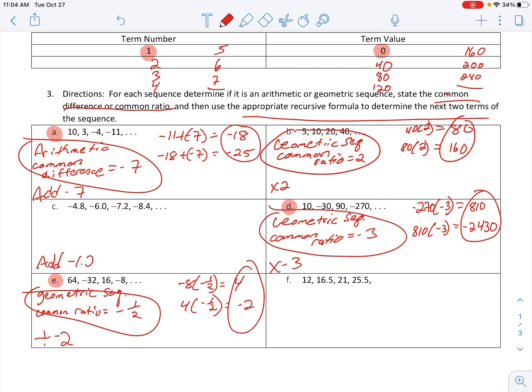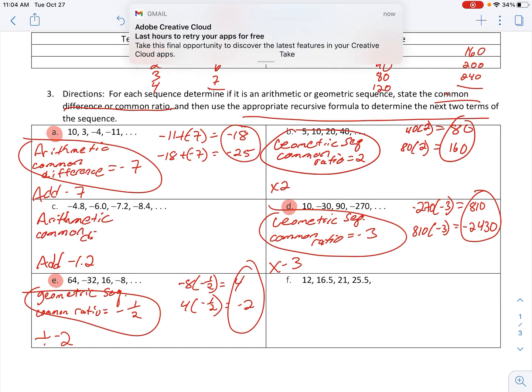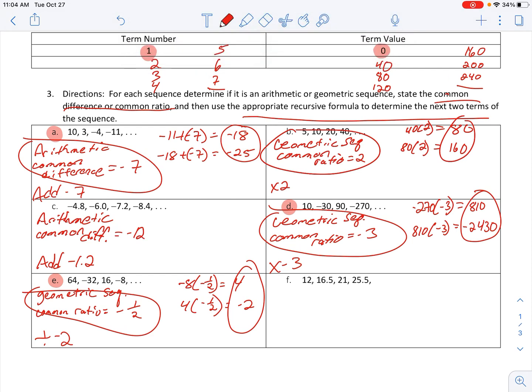So we're adding a negative 1.2. Since we're adding a negative 1.2, that means it's an arithmetic sequence, and therefore it's called a common difference. And that common difference is negative 1.2. Now, keep going. Negative 8.4 plus negative 1.2 is negative 9.6. And negative 9.6 plus negative 1.2 is negative 10.8.